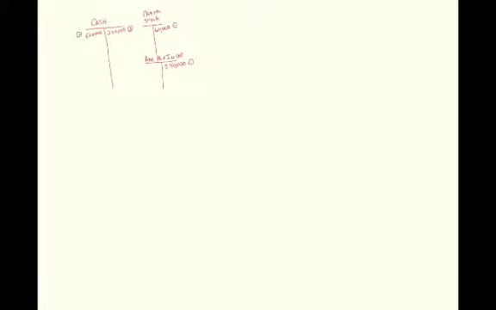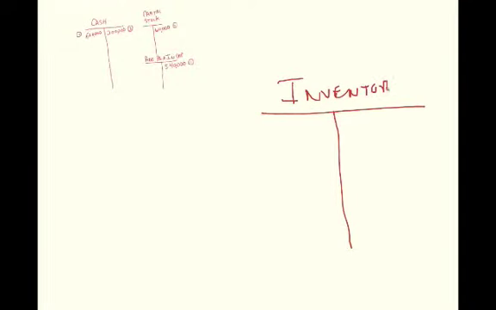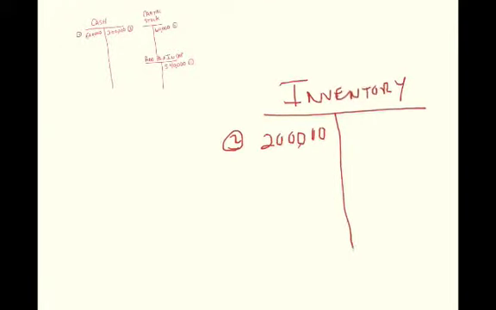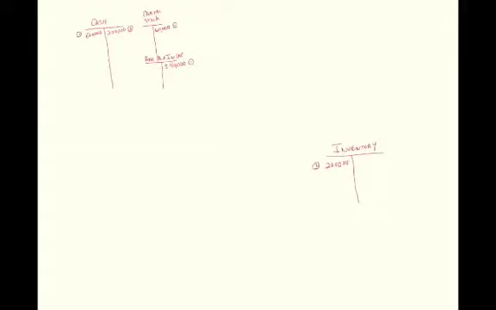And we have a debit to inventory, and that's going to be a debit for $200,000 in number 2. Let's see if we can't make that small. Put it up over here.